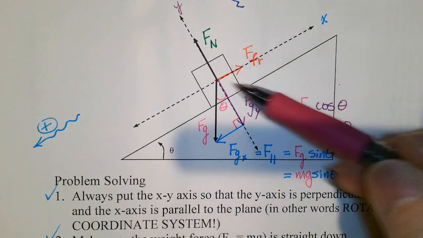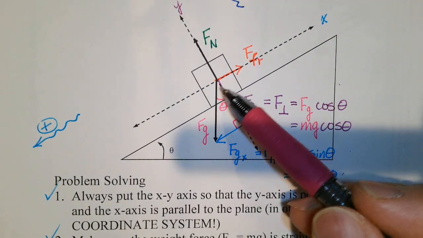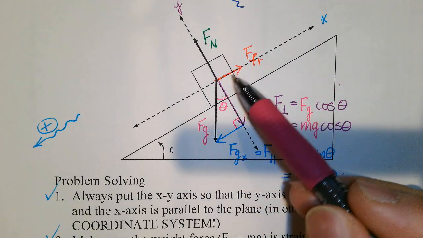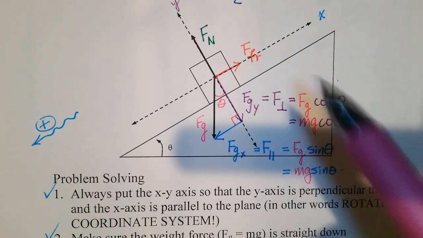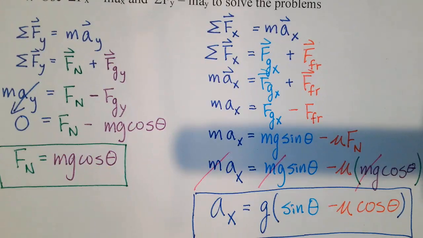So the friction direction changes: on the way up, it points downwards; on the way down, it points upwards. But friction will always be negative if you consider the direction of motion to be positive. Just letting you know. All right? Any questions?